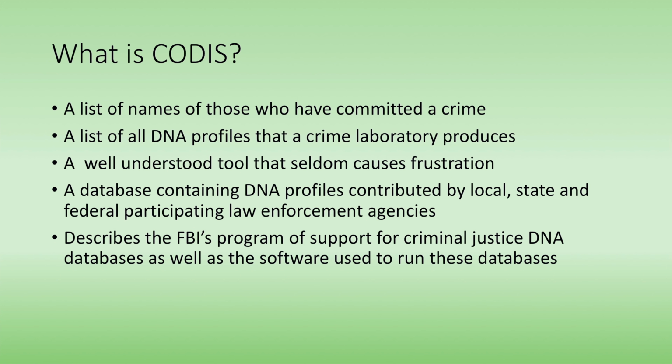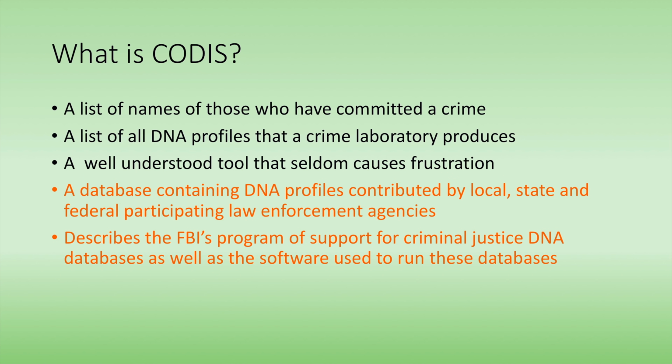Does it describe the FBI's program of support for criminal justice DNA databases as well as the software used to run these databases? The correct answers are the last two, which accurately describe what the CODIS database is.